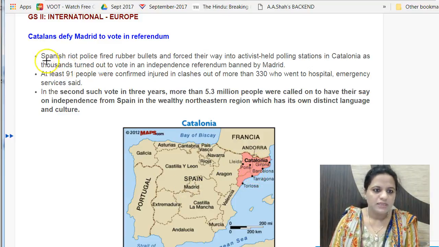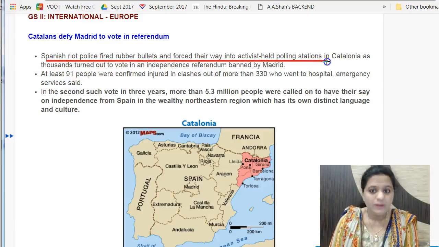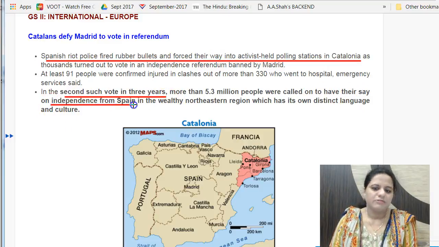Spanish riot police fired rubber bullets on the activists who were holding the polling stations in Catalonia, which have been declared illegal by the Spanish Constitutional Court. And this, as I said, was a second such vote, a second referendum in 3 years, on the question of independence from Spain.